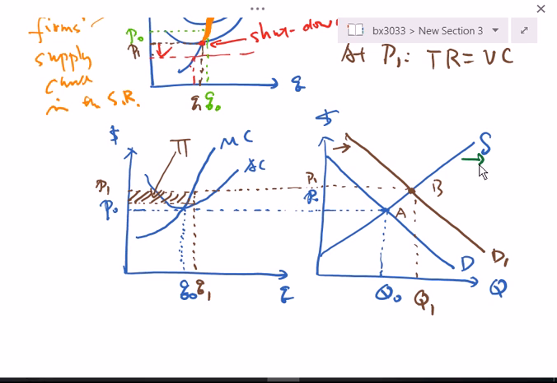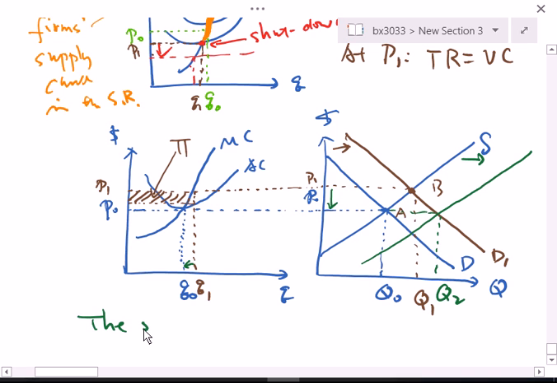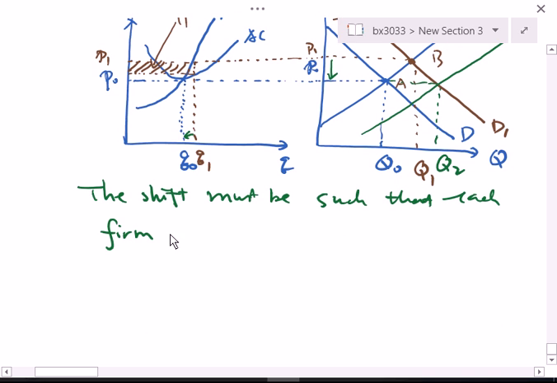So it must be that this shift of the supply curve is such that the equilibrium price goes back to its original level, such that each firm earns zero economic profit again.